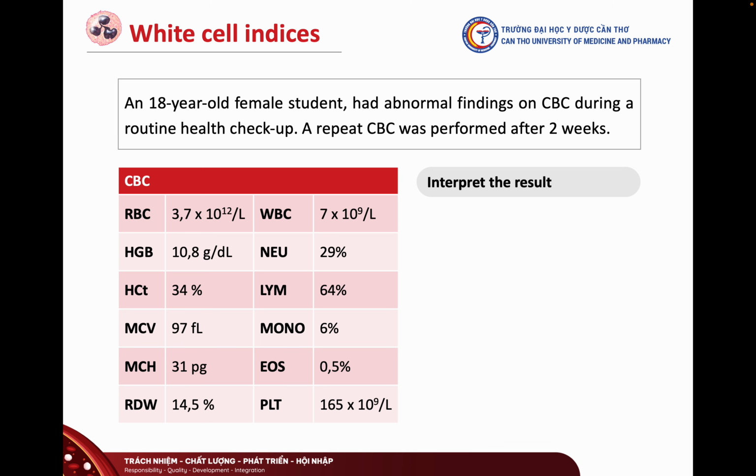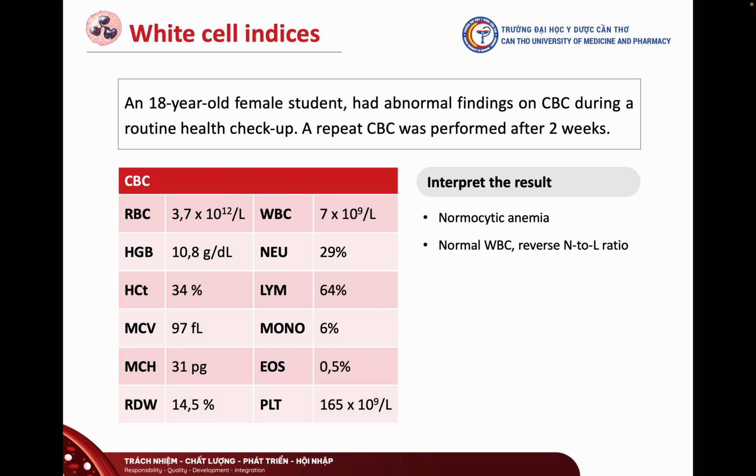White blood cell count is still normal at 7 times 10 to the 9 per liter. But the neutrophil to lymphocyte ratio is still reversed, with the neutrophils at 29%, while the lymphocytes are 64%, not much different from the last test.